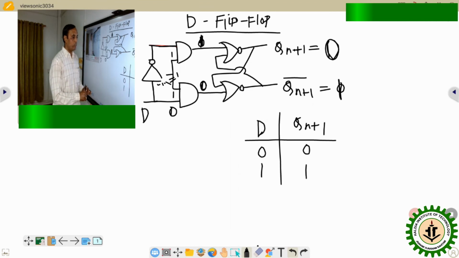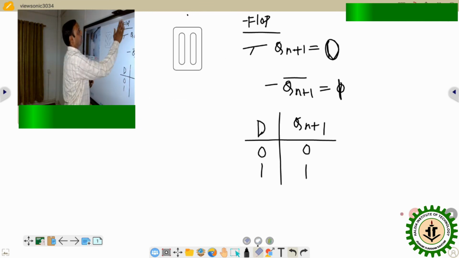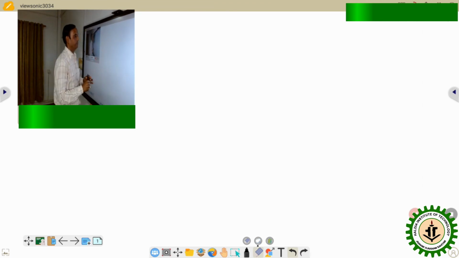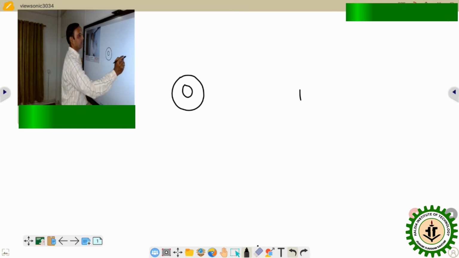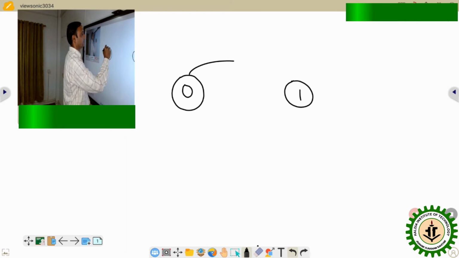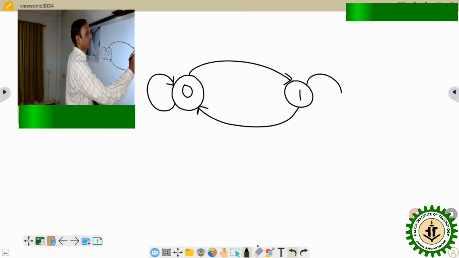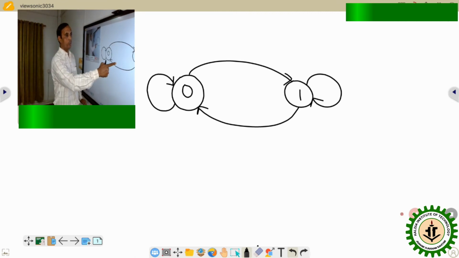Okay. So what will be the state transition diagram? So here 0 to 1, when it will happen?